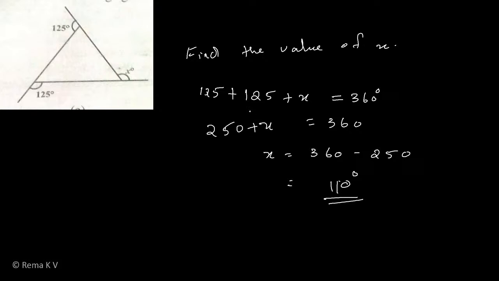Okay, the sum of the exterior angles is equal to 360 degrees. The three angles are given as 125, 125 and x. So the sum of this is equal to 360 degrees. 125 plus 125 is 250 plus x, and transposing 250 you will get 360 minus 250. And the value of x is 110.